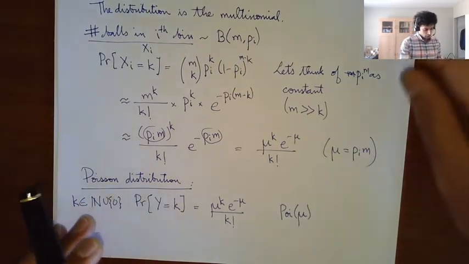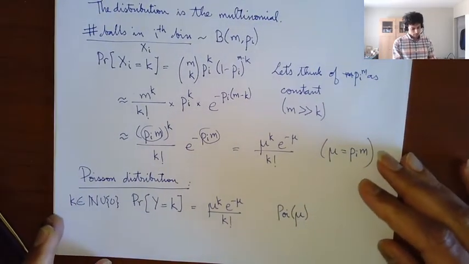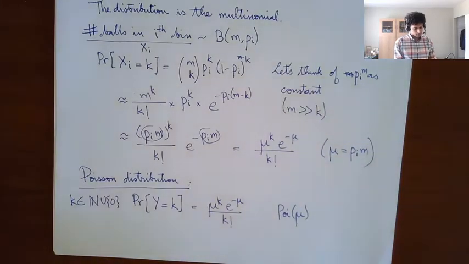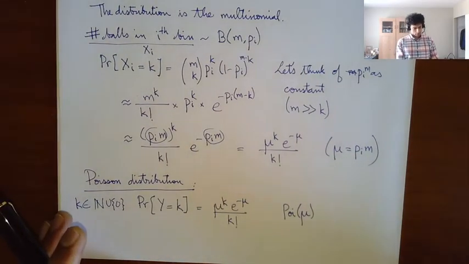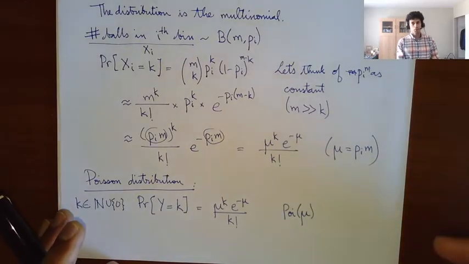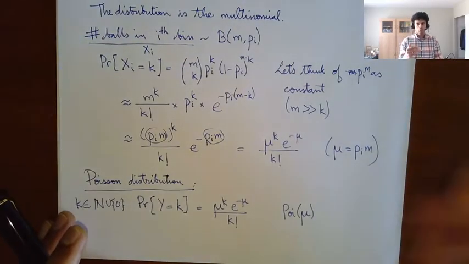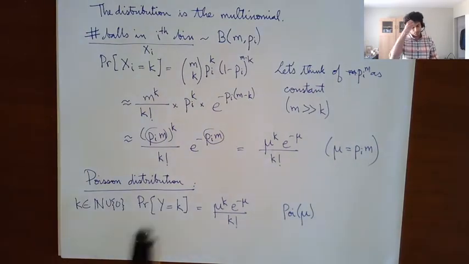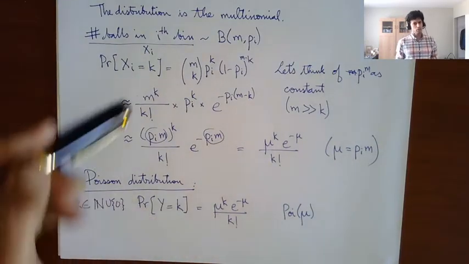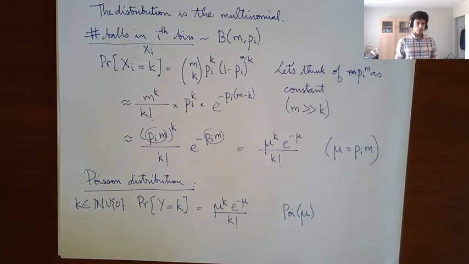Okay, so now let's go back. So actually, let's now investigate the Poisson distribution a bit, and then once we do this investigation, let's discuss the basic properties of the Poisson distribution, and I'll use y to denote the Poisson. X's are going to denote the balls and bins.